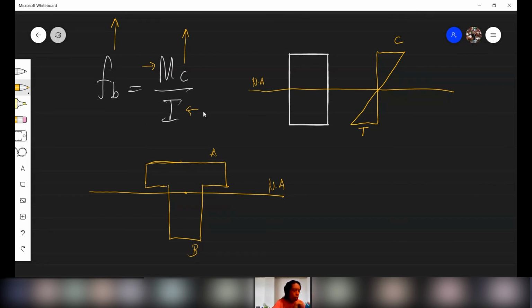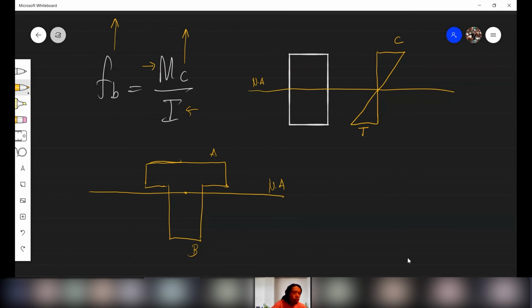So revise your definition. Which fiber should we take? The outermost fiber, which is only true if you are dealing with a rectangular beam. But if you are dealing with this type of beam, which fiber should we choose? The furthermost fiber from the neutral axis, sir.